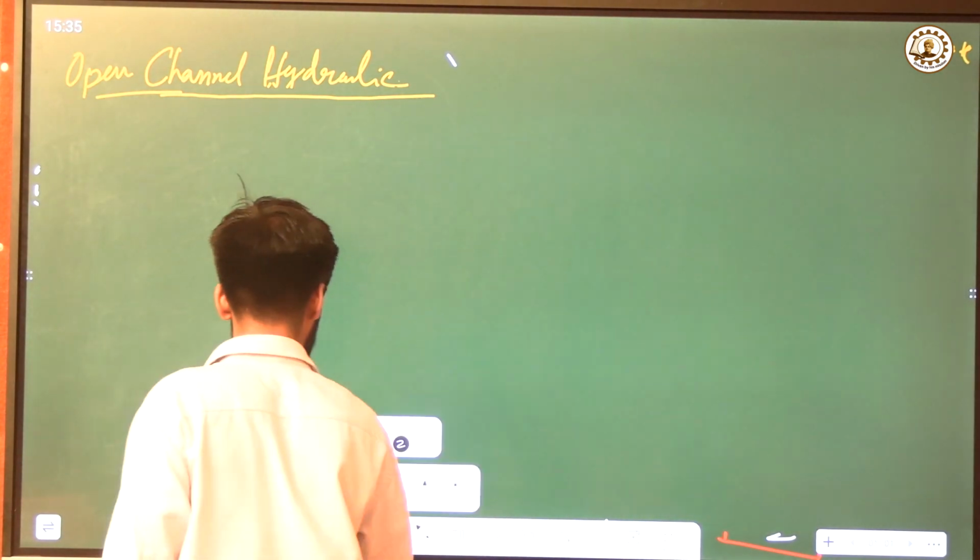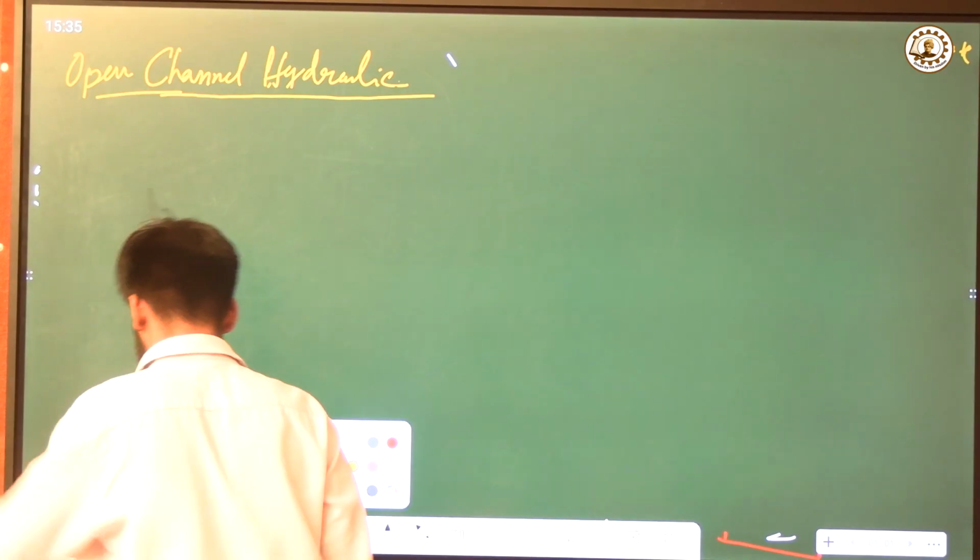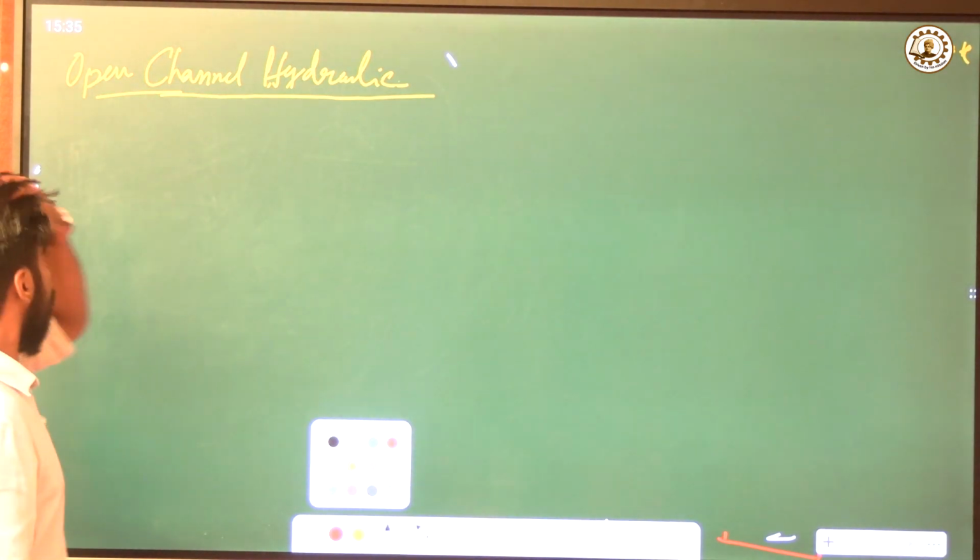Now, imagine a channel and a sluice gate.